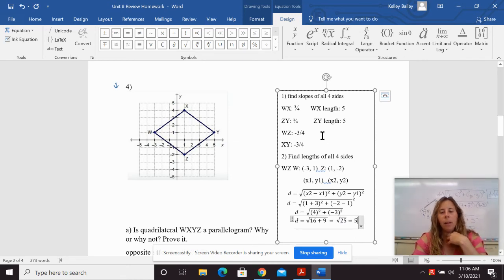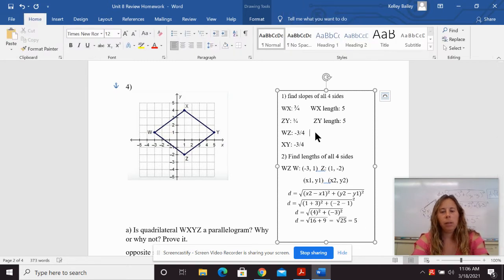All right. That was WZ, 5. And then the last one is XY. Goodness, letters. XY length.